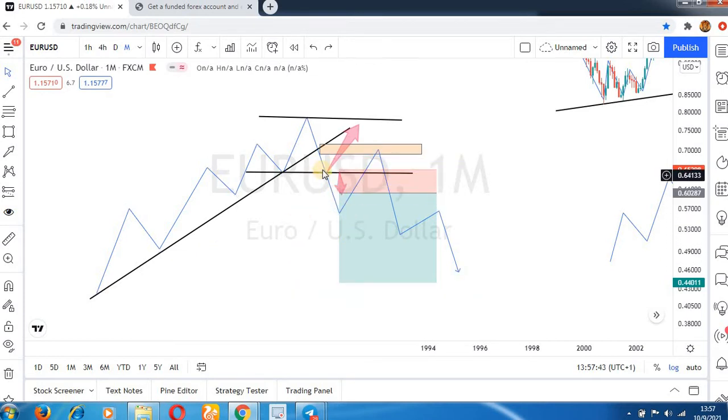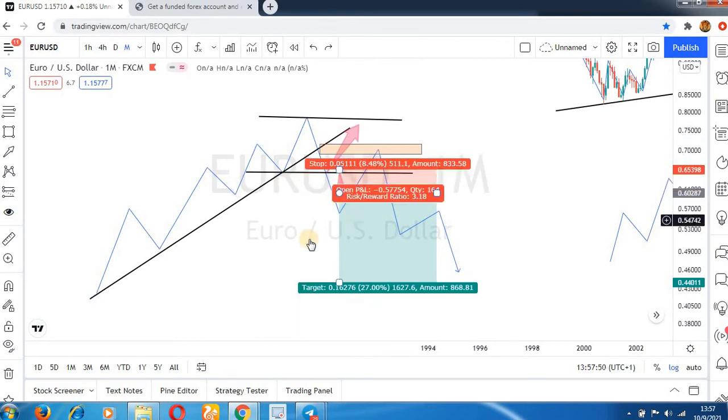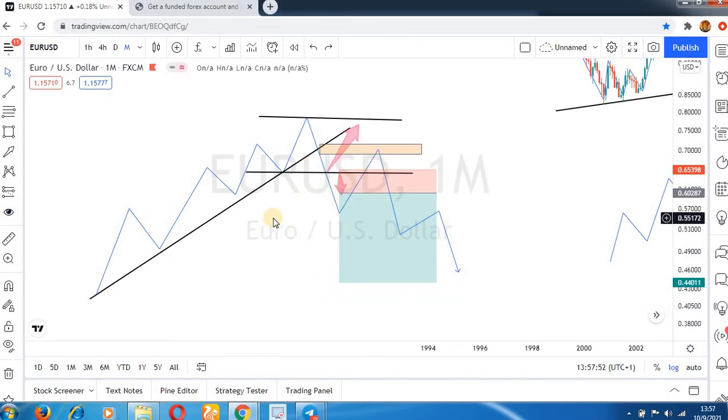Now this market has been brought to break a structure, meaning that these guys really want to sell. The institutions or the guys that have huge money really want to sell. That's one indication that they want to sell.